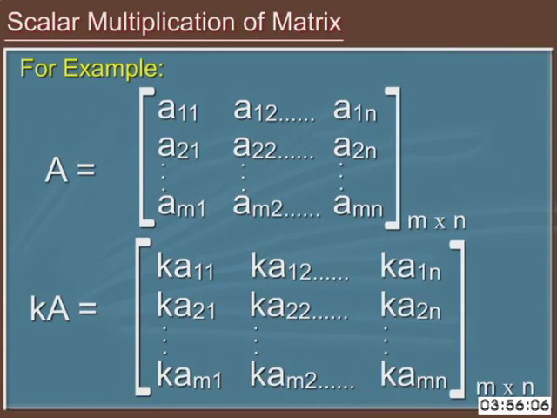Elements of its mth row are k into am1, k into am2 up to k into amn.